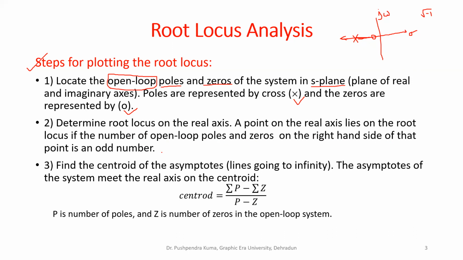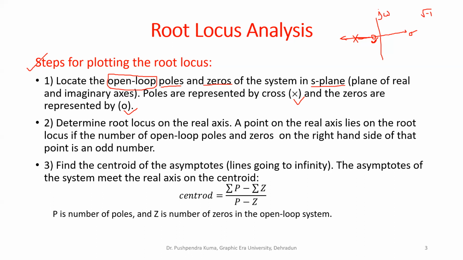It is quite complicated to understand, but if you have a particular point, it can be a zero or a pole, you just count how many poles and zeros are on the right hand side of this point. If I look, there is no zero or pole on the right hand side of this point, so I can say 0 points are there.